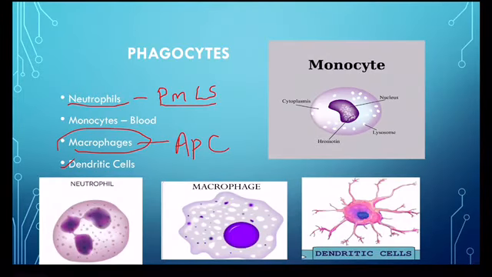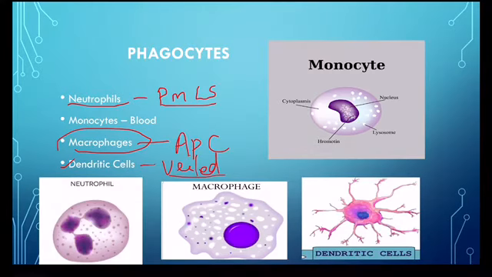By means of these three ways, the dendritic cells process the antigen and present it to the T cells. The immature dendritic cells are also called veiled cells. Veiled because they contain cytoplasmic veils. So immature dendritic cells are also called veiled cells.